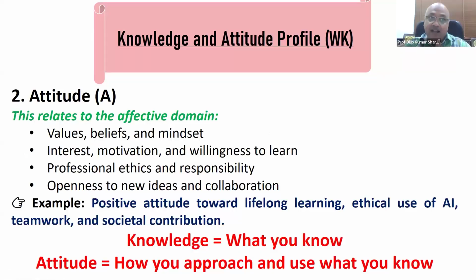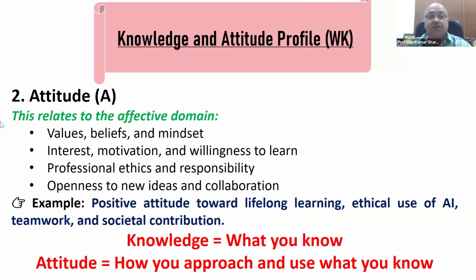And the second very important component is attitude. Attitude relates to the affective domain, meaning values, beliefs, mindset, interest. If you don't have attitude in general language, that means you don't have interest. You are not motivated. You are unwilling to do certain tasks. For attending the workshop, you should have a positive attitude, so that we can secure the knowledge and apply that knowledge in the future.